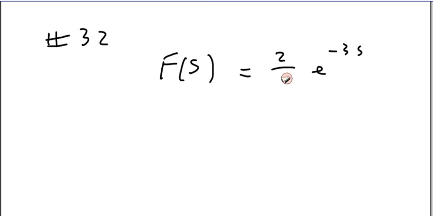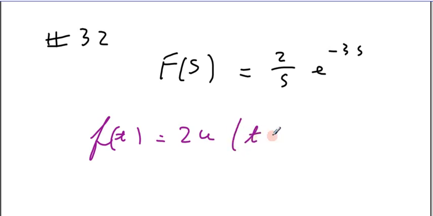Put the right problem down. Looking at the Laplace transform table that's in the book, we find that f of t is going to be 2u of t minus 3. And that's the unit step function at t minus 3.